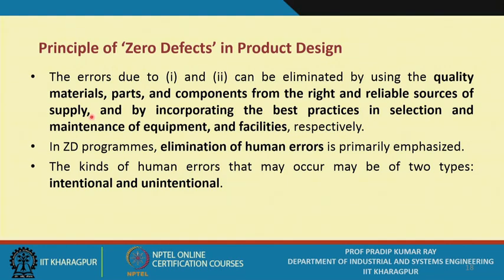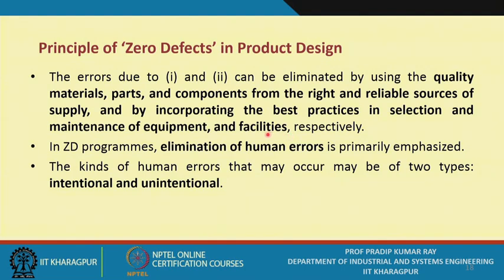So, if you follow those principles, obviously it is possible to get the right quality materials, parts and components from the right and reliable sources of supply, and by incorporating the best practices in selection and maintenance of equipment and facilities. That means if you wish to have the best possible equipment in place, you can do that.